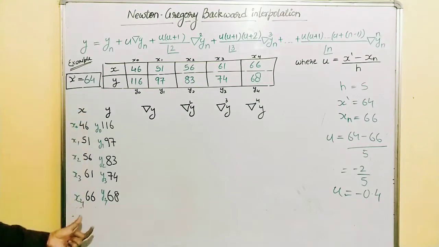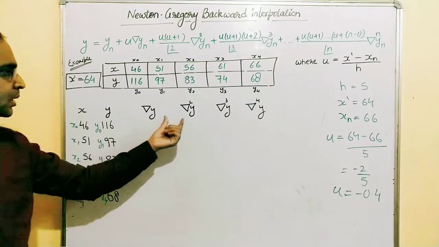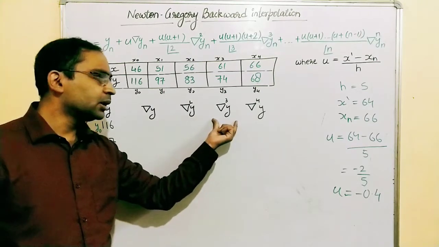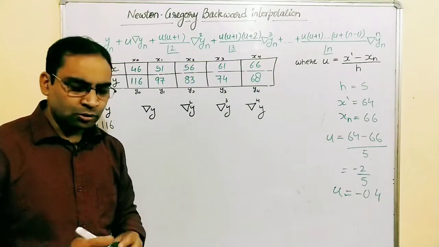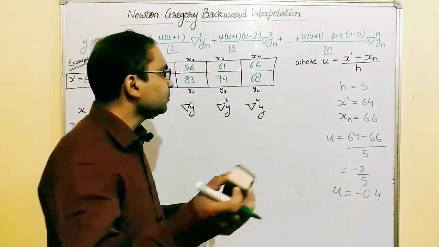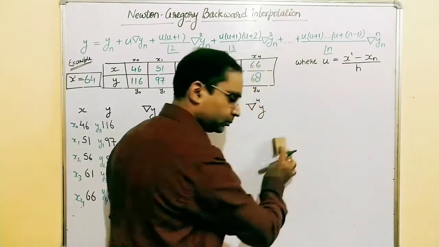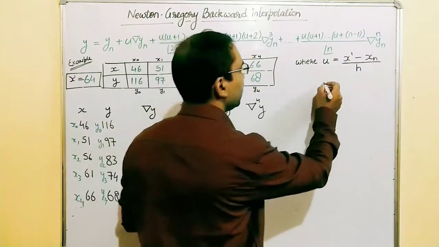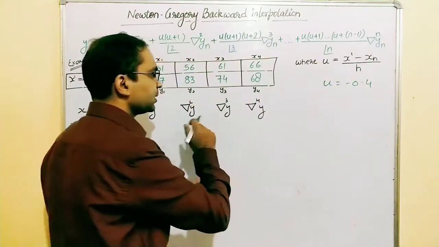We'll write the values of x, y, and then in the first column first backward del, this is second backward del, this is third backward del, and this is fourth backward del. Now let's revise the formula for the backward del. So let me write the value of u. We have already evaluated u. U is minus 0.4. Now what is this backward del?